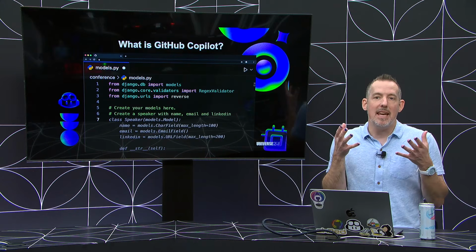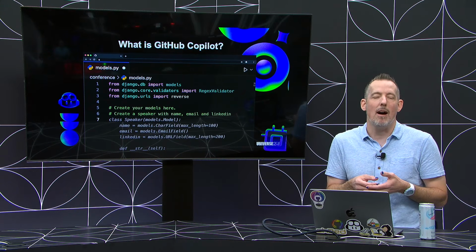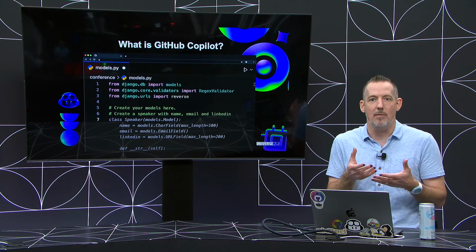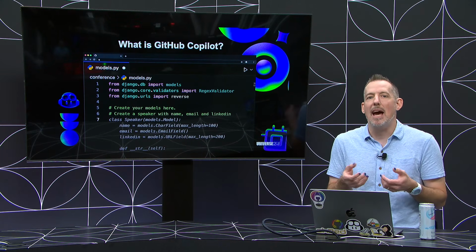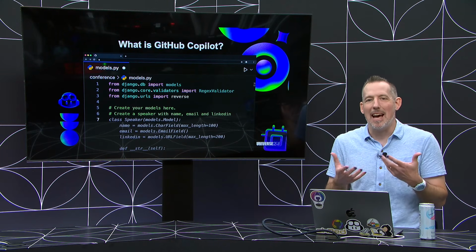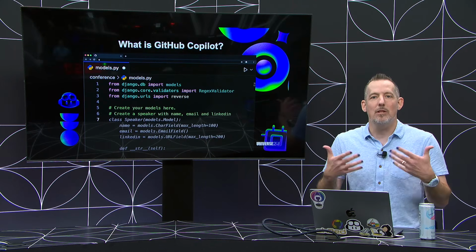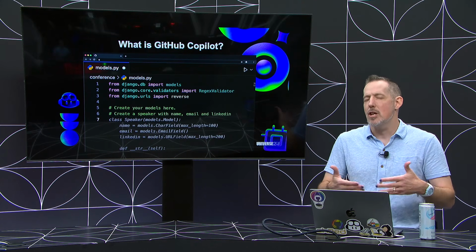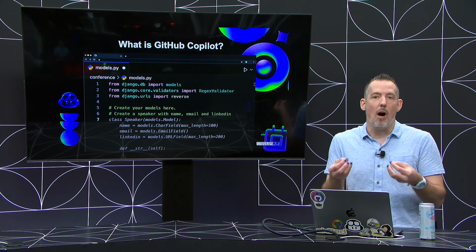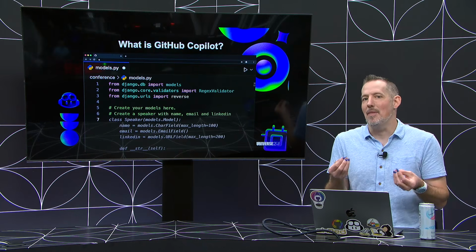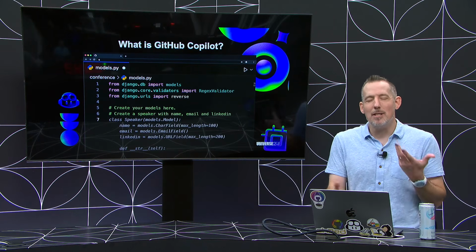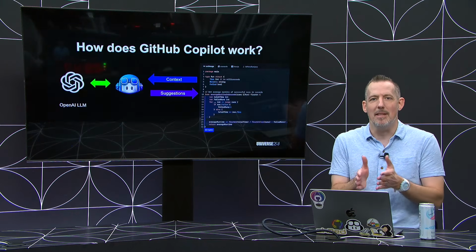This is the embedded experience inside of your IDE, your editor, where as you add comments and code, it generates suggestions, what it thinks you are looking for based on that information.